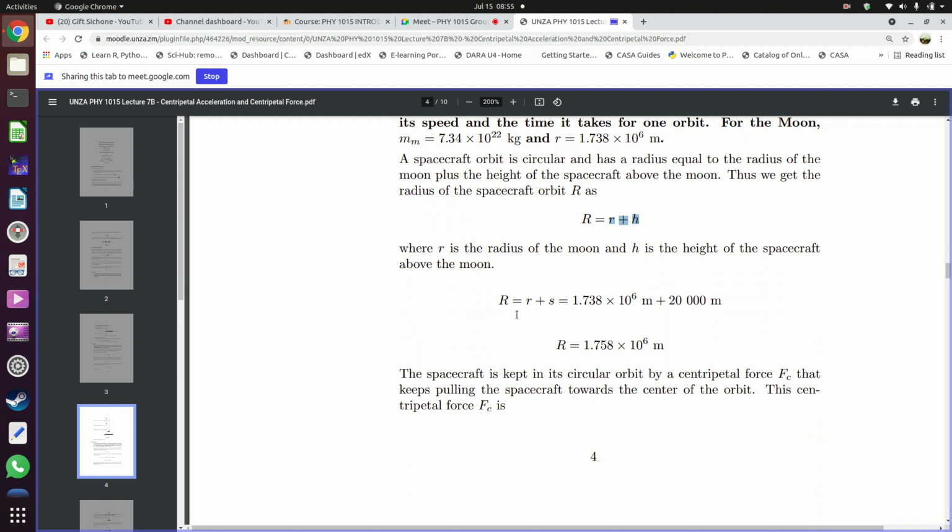So in this case, we end up with R equal to 1.738 times 10 to the power 6 plus 20,000, and this is what it gives us here. Not very much, but there's a small change here. The 3 changes, it becomes 5. Okay, so this is the radius.